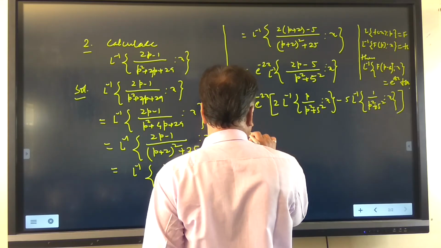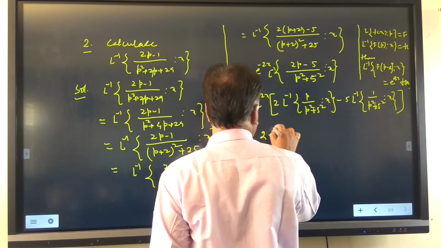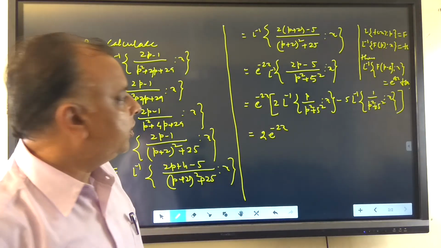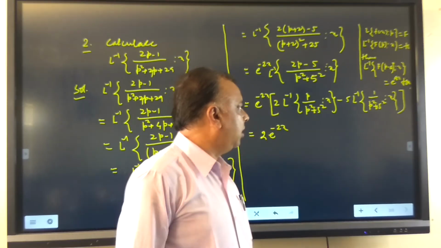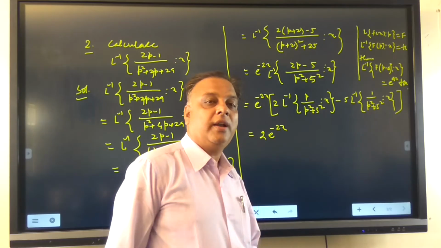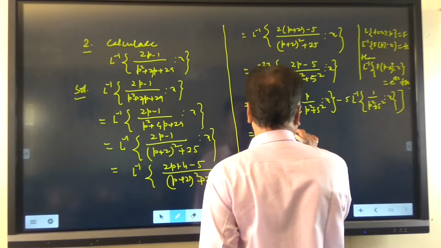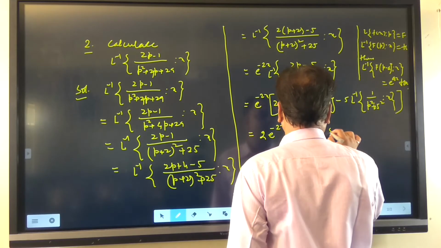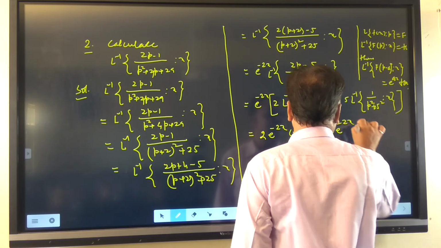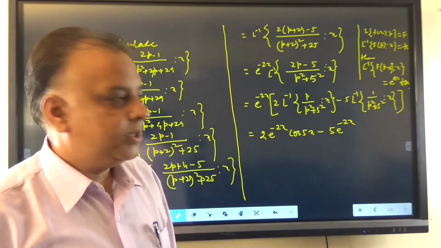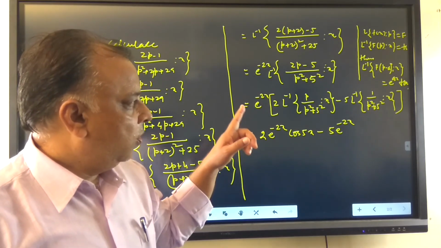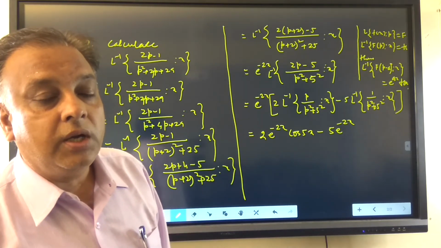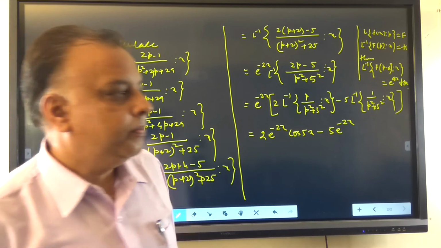Or we can write it as 2e raised to minus 2x. We know that the inverse Laplace transformation of p upon (p square plus 5 square) is nothing but cos 5x, minus 5e raised to minus 2x times the inverse Laplace transformation of 1 upon (p square plus 5 square), which is nothing but 1 upon 5 into sine 5x.